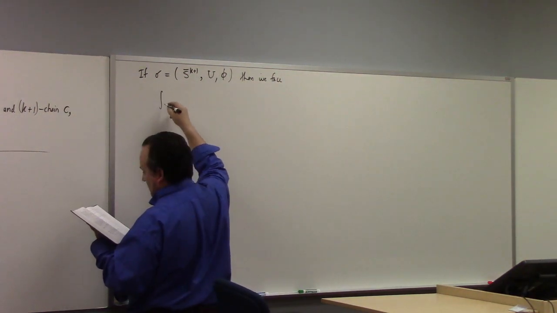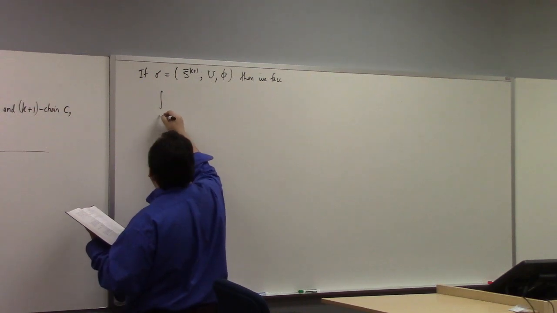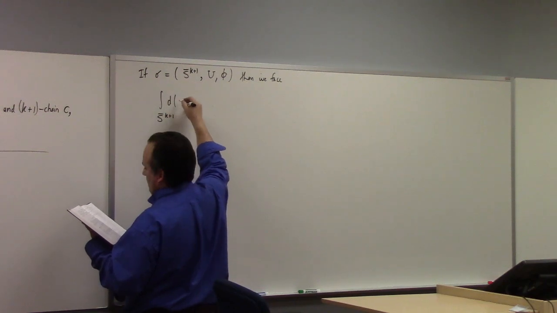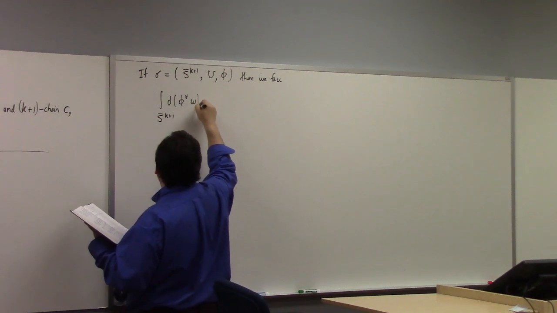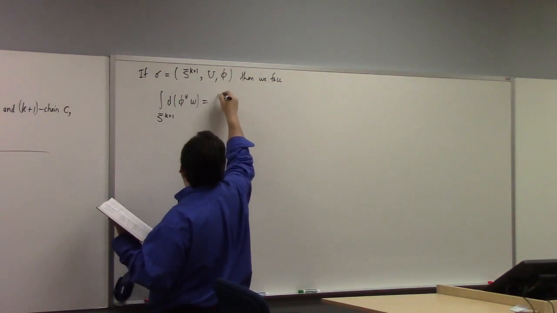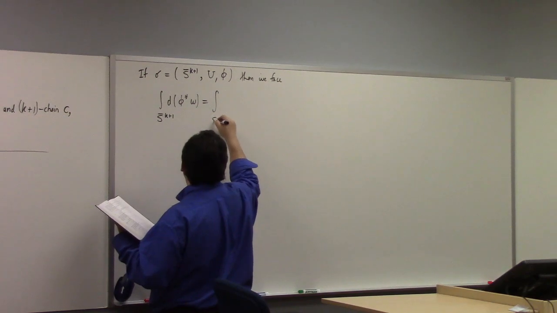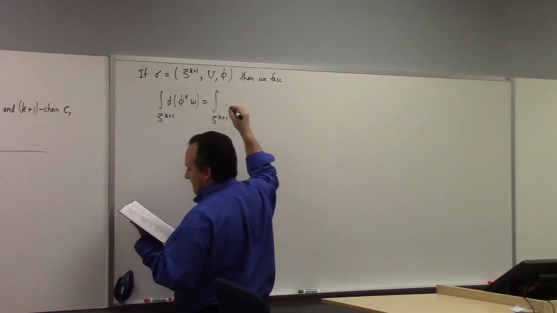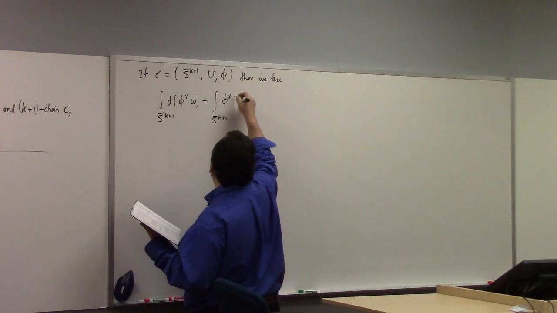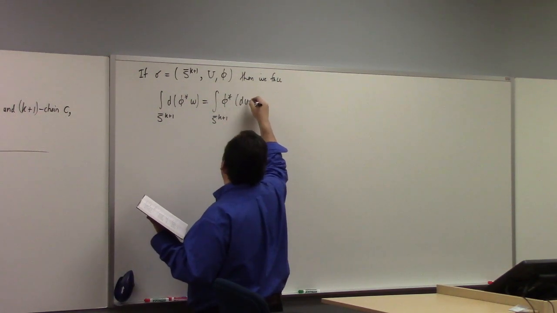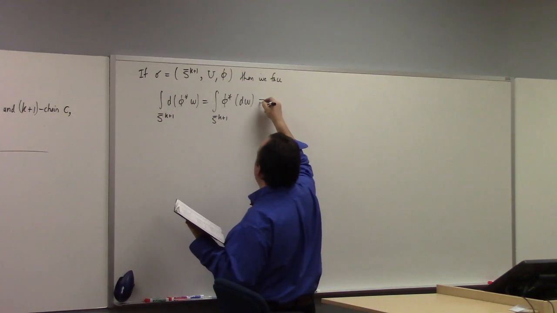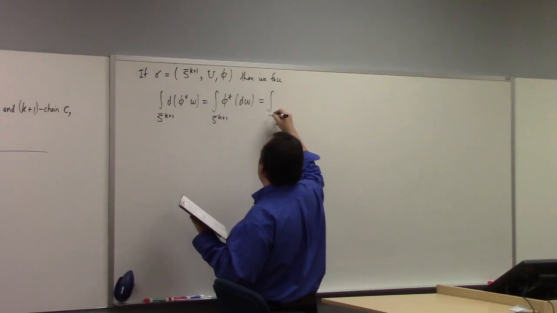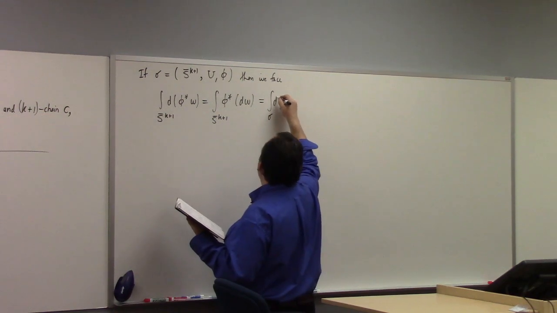We have to show that the integral over S bar k plus 1 of the exterior derivative of the pullback under phi of omega is equal to the integral over S bar k plus 1 of sigma star pullback of, so here we're just using the property of the pullback that it commutes with the exterior derivative, and so that would be the integral over sigma of d omega.